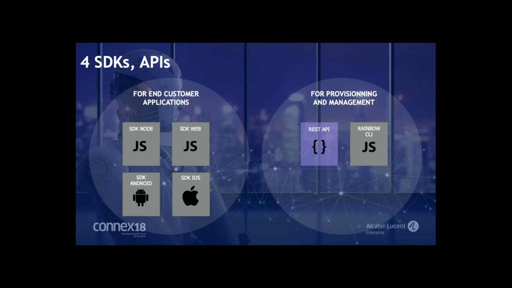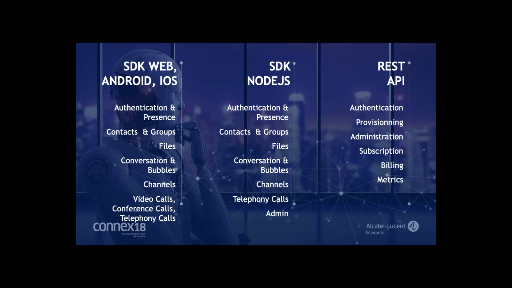Now, if we look inside our SDKs in terms of features, we offer approximately the same API on web, Android, and iOS. So the 3 SDKs for front-end applications offer the possibility to manage the user presence and, for example, the contacts. They have a contact search engine. You can have a conversation with a single person and with several persons in a bubble.